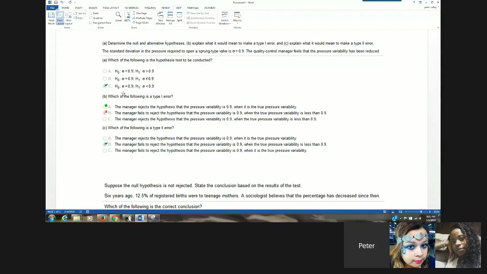So I think it is 0.9 when it actually is less than 0.9. I just wasn't successful gathering evidence. So in that case, that would be where the manager fails to reject 0.9 when in fact it really is less than 0.9. That makes sense? So type 1 is think H1 is true when really it's false, and type 2 is think the null is true when really it's false.